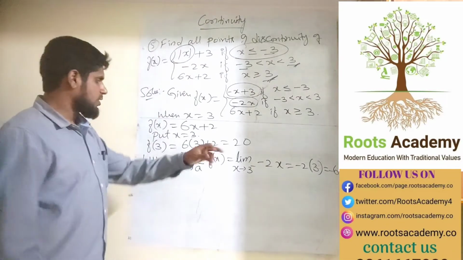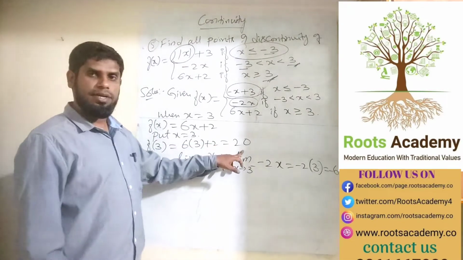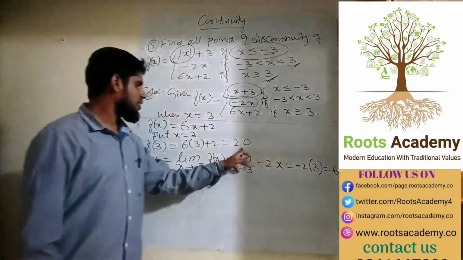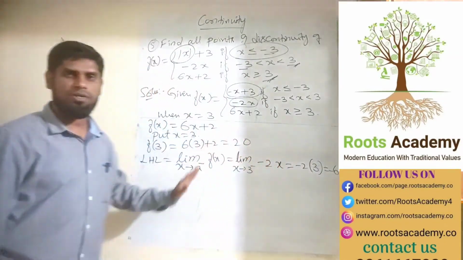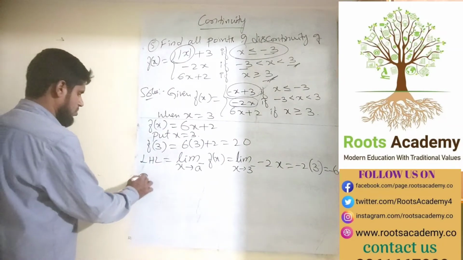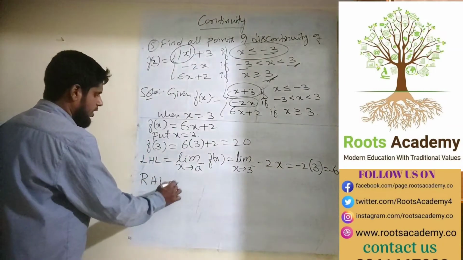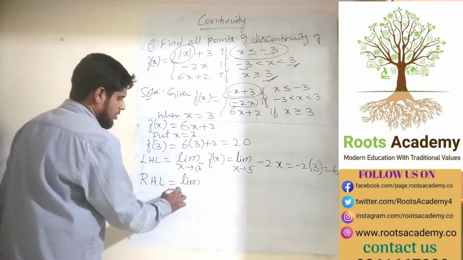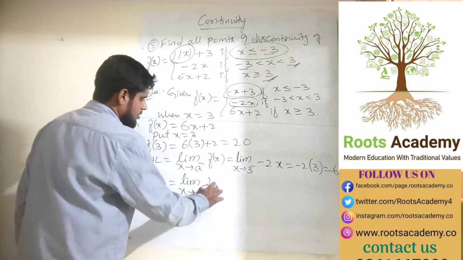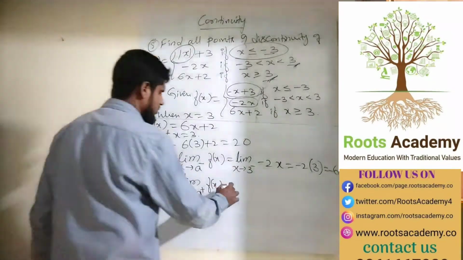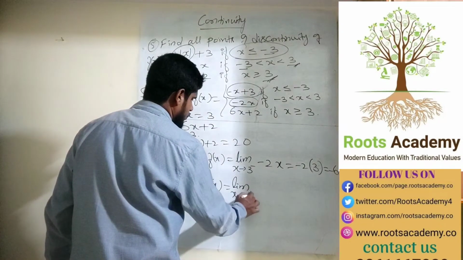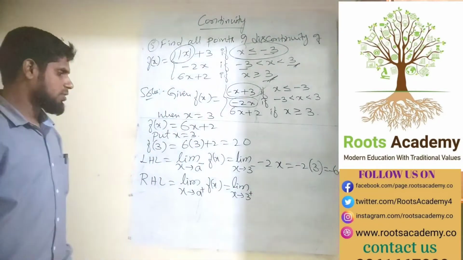And so here you can see that f of 3 is 20, left hand limit is minus 6. Already we got different values, but it's better we do the right hand limit also. So right hand limit is limit x tends to 3 plus f of x.